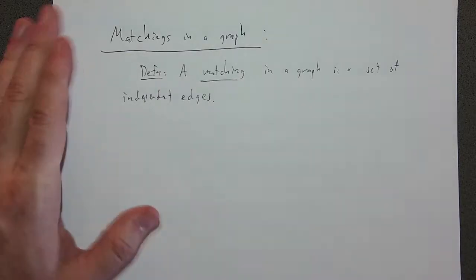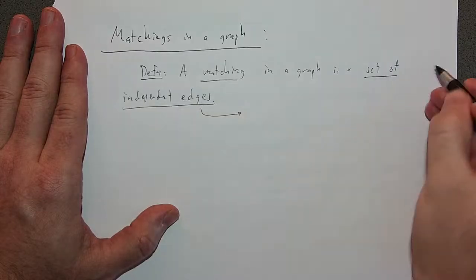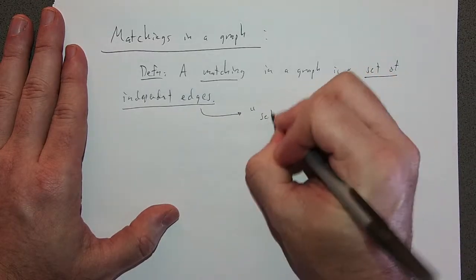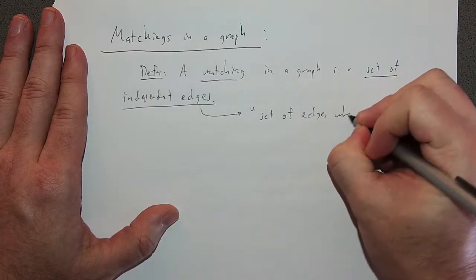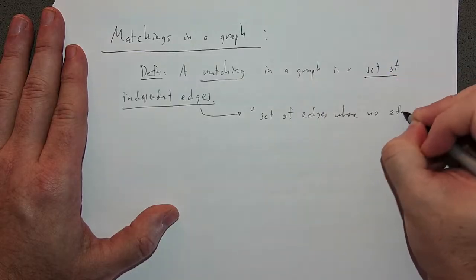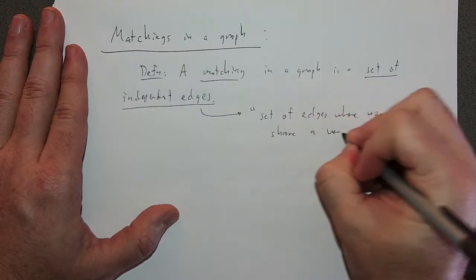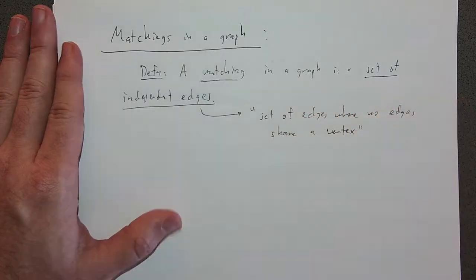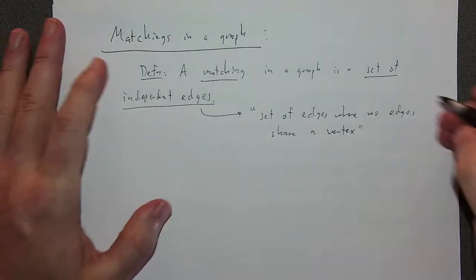What does independent edges mean? A set of independent edges is a set of edges where no two edges share a vertex. Or let's say no pair.